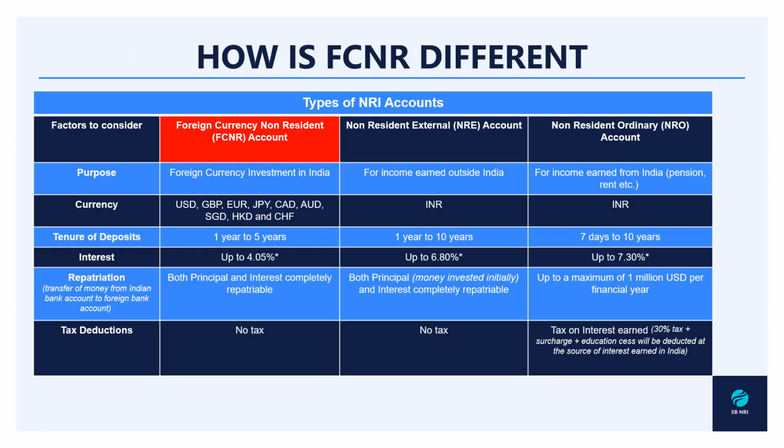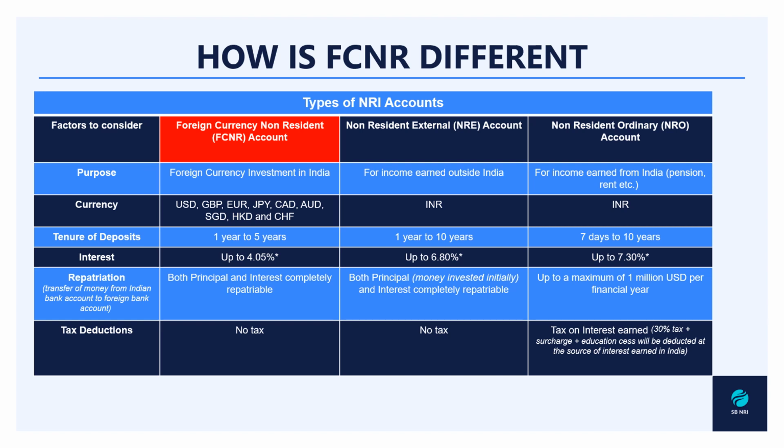Now coming to the final topic of the video: how is the FCNR different from the other types of NRI accounts, which are the NRE and the NRO? If you have watched the previous videos, like I always do, when we discuss the differentiation between these accounts, we take this very table and I repeat it again and again, but focus on the account that we are talking about in the video.